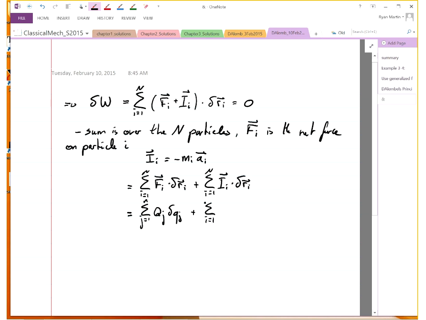Second term, on the other hand, it's not so obvious how you write it in terms of delta q_j's. So Q_j, recall, is the generalized force.